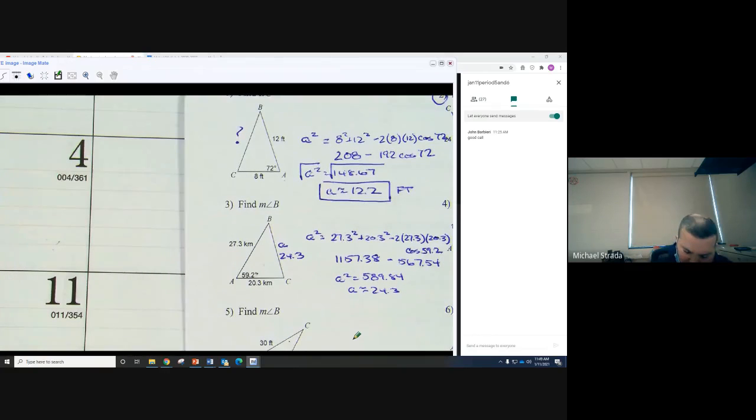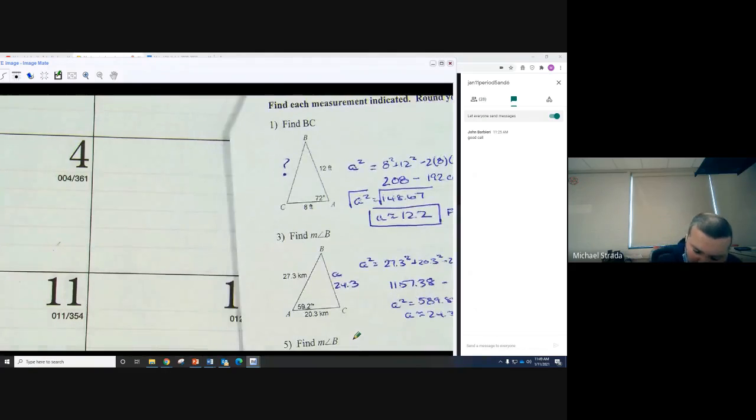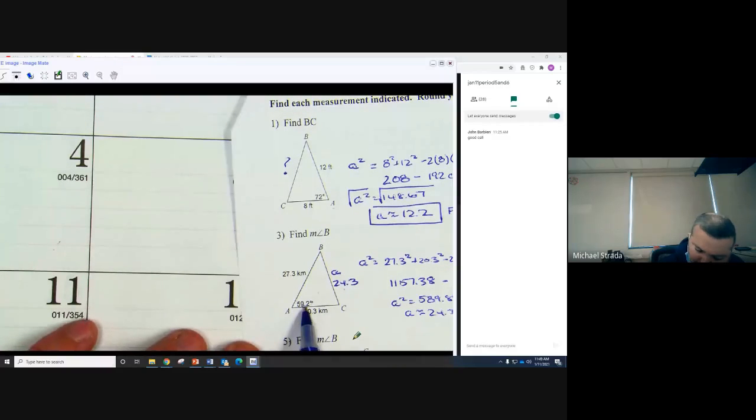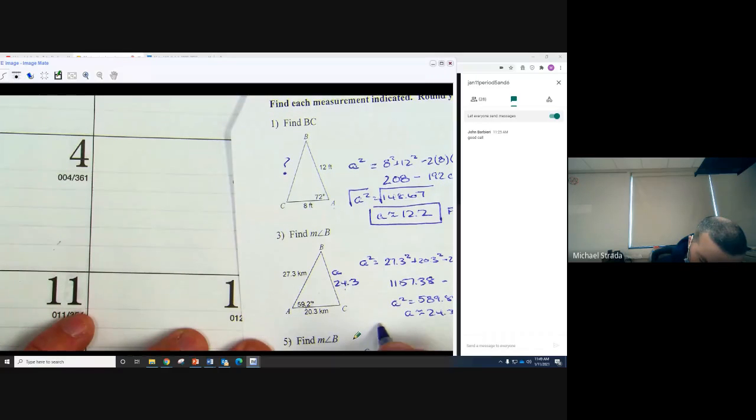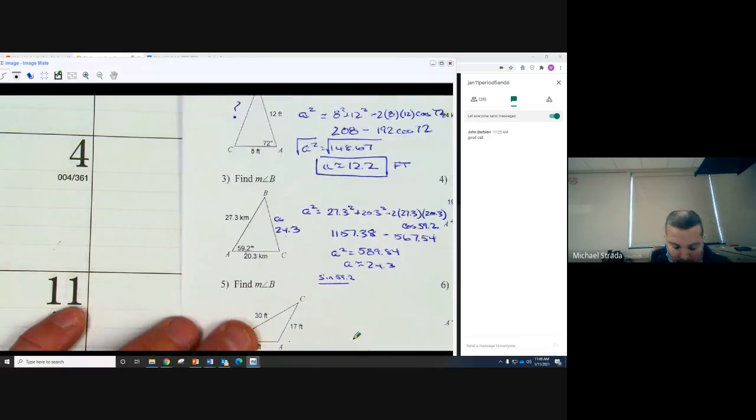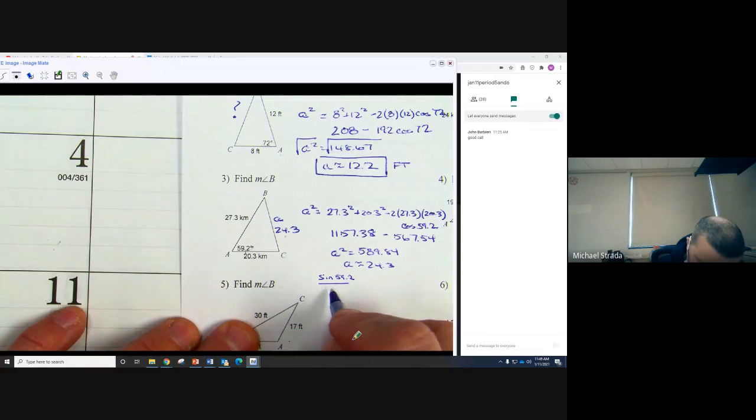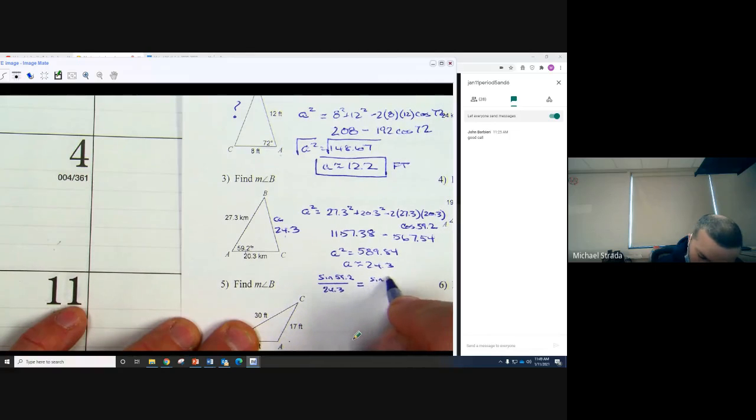Now I use law of sines to finish it up. So opposite of 24.3 is 59.2. So the sine of 59.2, all right, over 24.3 equals the sine of B over 20.3.